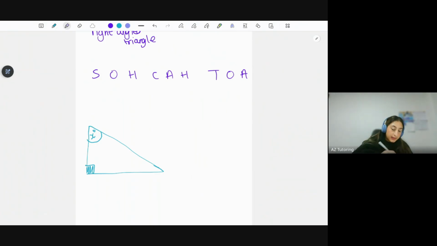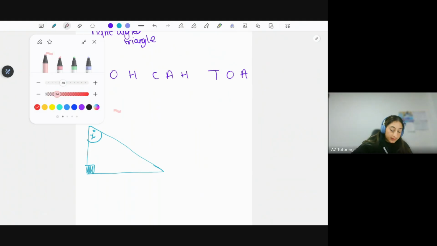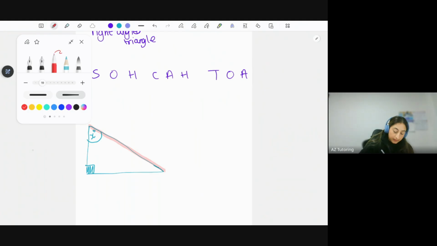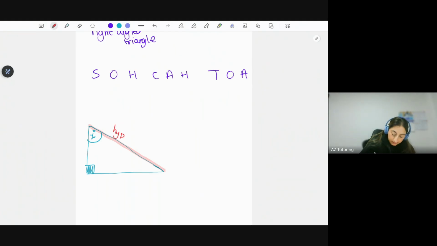The longest side, the slanted side, is always called the hypotenuse. Remember that.